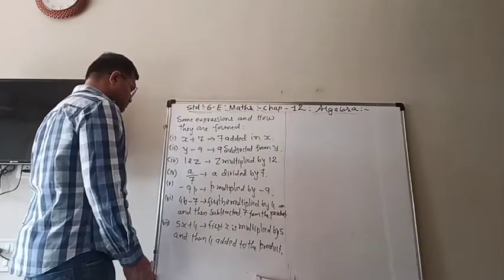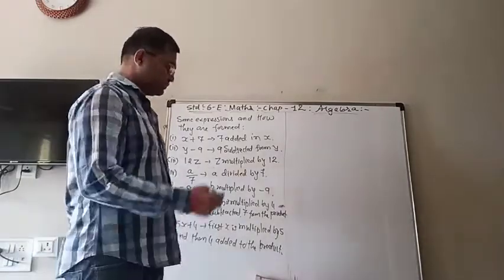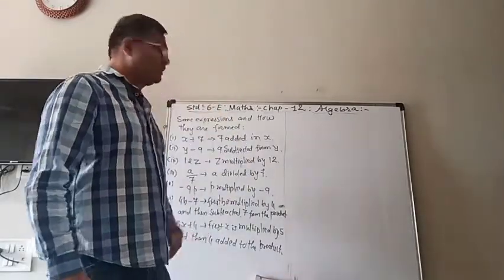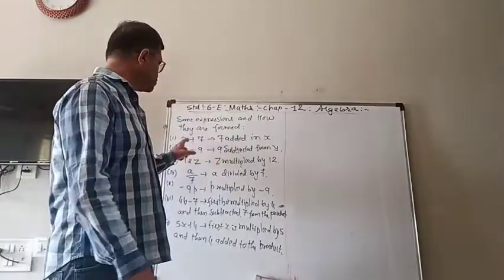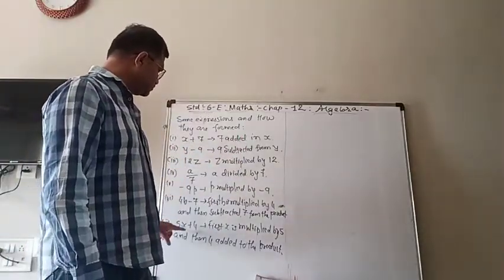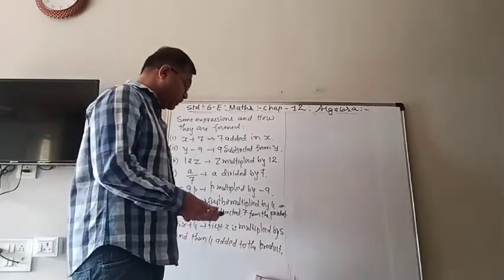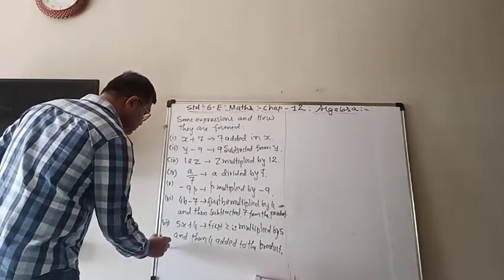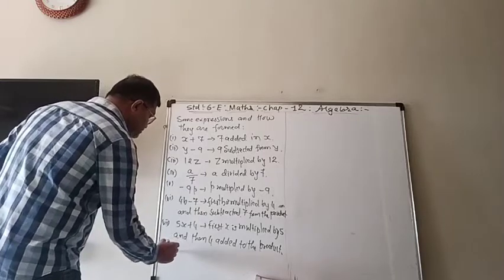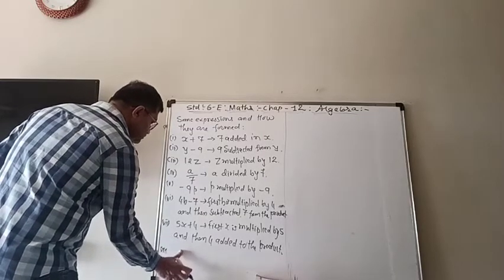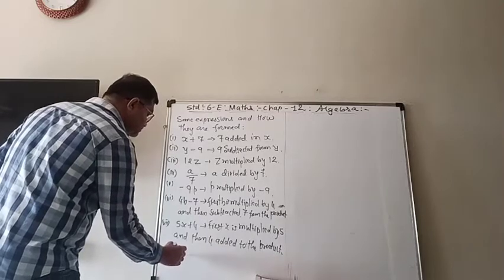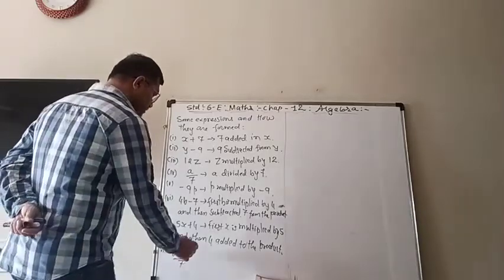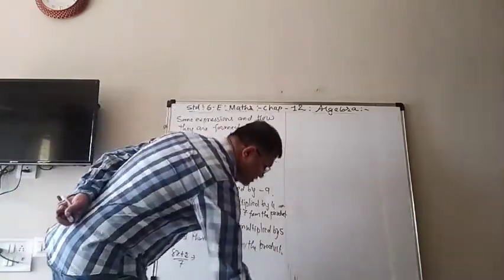So there can be a combination of more operations also. It is not necessary that we use only one operation. You can opt to use two operations also. For example, let's take one more, like 8x plus 2 upon 7. Here 3 operations are used.